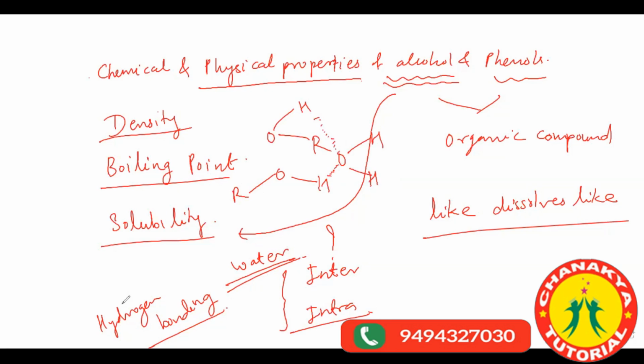Electropositive and electronegative atoms form an electrostatic force of attraction between them. This force of attraction is quite weak and is called intermolecular hydrogen bonding. It exists in alcohol and in phenol, and hence it is miscible or dissolves in water.